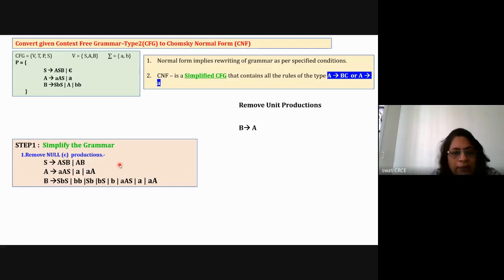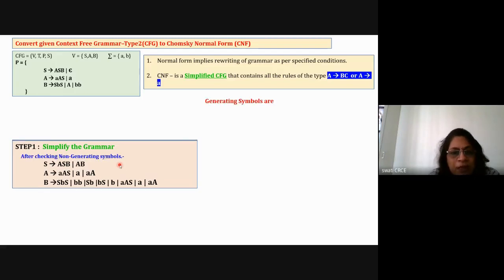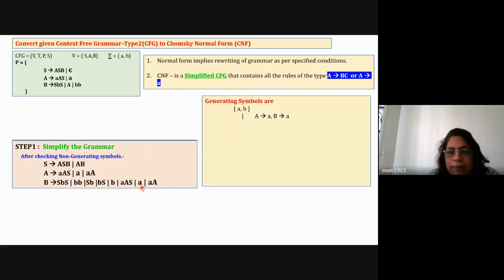Now identify the generating symbols. Generating symbols are small a and b. So for small a and b, try to find out who generates them. Capital A generates small a and capital B generates small a or small b. So with this, capital A generates small a, capital B generates small a, so A and B are generating symbols. Now check whether S is a generating symbol.